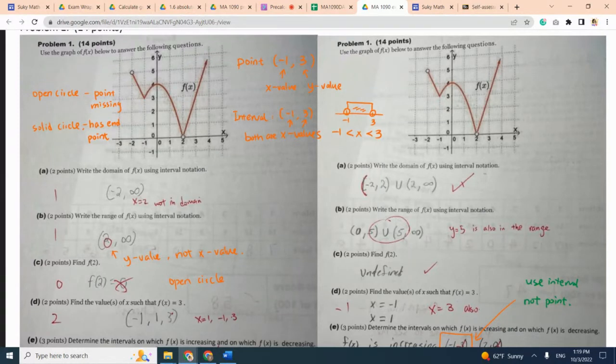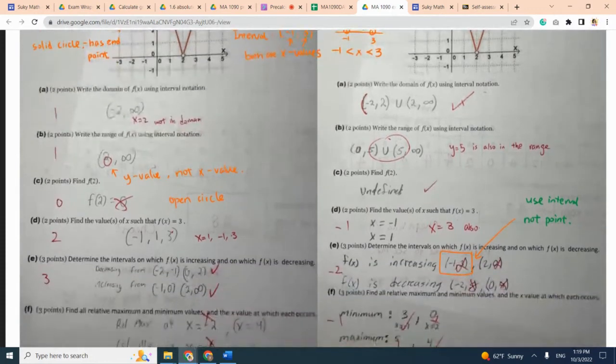We know this number is the smallest, but when you answer the range, they're asking for the y value, not the x values. So this point corresponds to y value 0, not 2. So problem 1: try not to get confused between the point, the interval, the x values and the y values. Be careful with that.